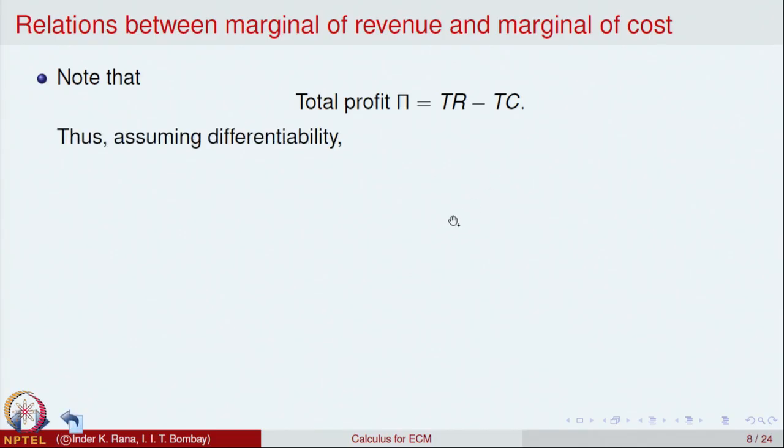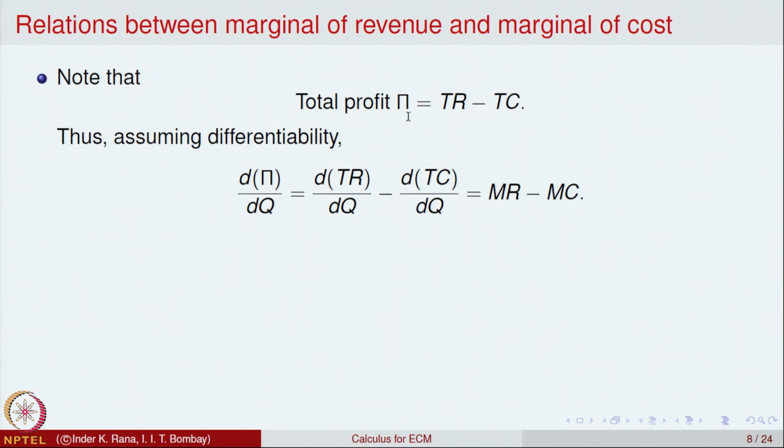If we assume everything is differentiable, then the marginal of the profit, that is the derivative of the profit, will be equal to the derivative of total revenue minus the derivative of the total cost. That says the derivative d pi/dQ is the derivative of TR with respect to Q minus the derivative of total cost with respect to Q.